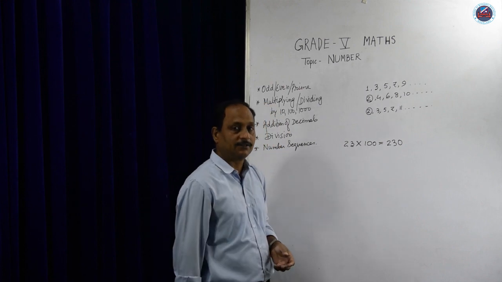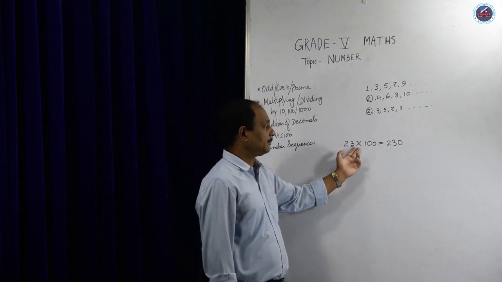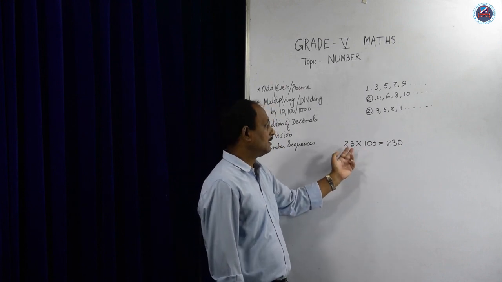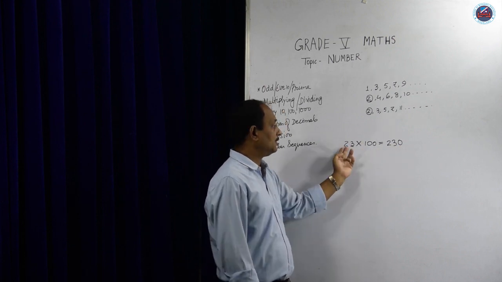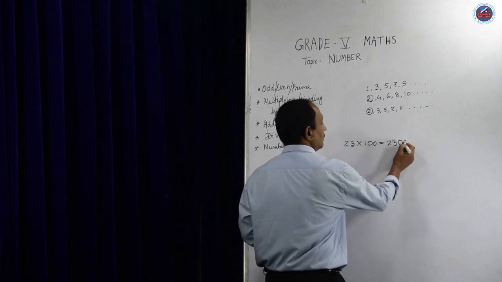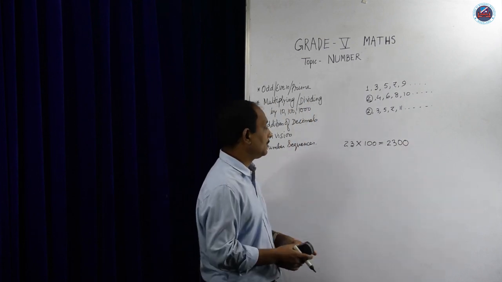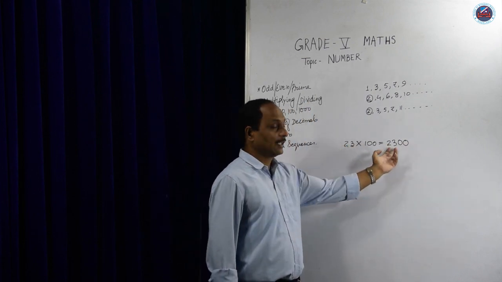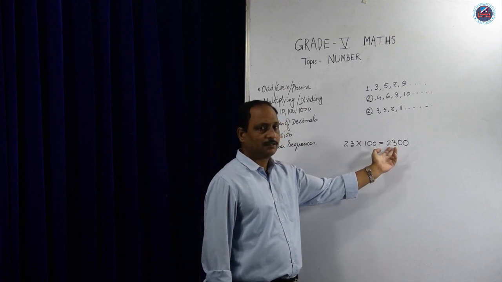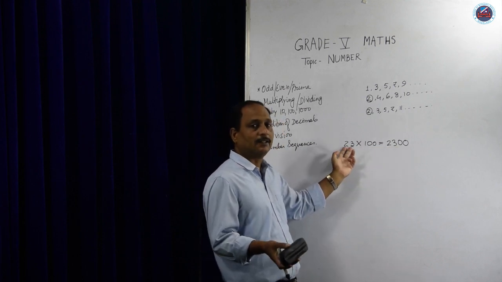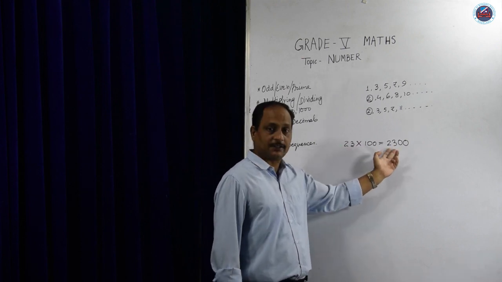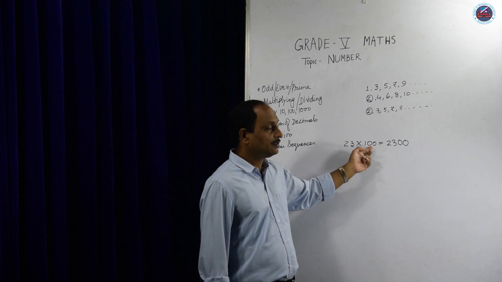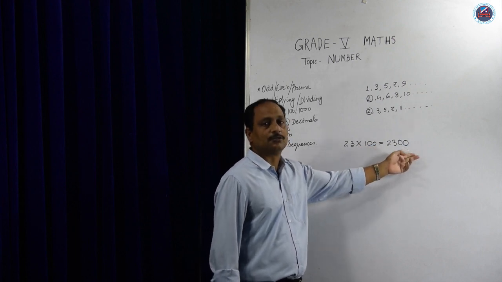Suppose here is 2 0. Multiplying by 100. 23 multiplied by 100. That means 23 ones are 23, 23 zeros are 0, 23 zeros are 0. In short, as I told you before, whatever number is there, that same number write it down. How many zeros are here? Add those zeros here.